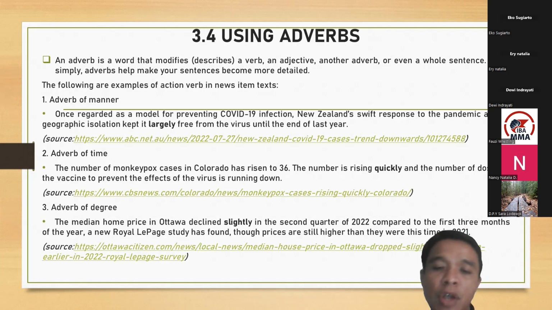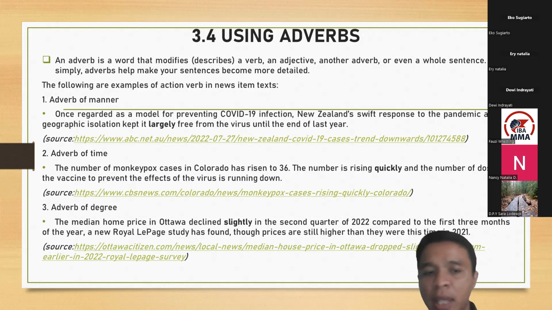So here, the use of quickly belongs to adverb of time. So when you want to determine which one is adverb of time, you have to have the ability or knowledge about the adverb itself. Okay, here quickly is one of the adverbs of time.